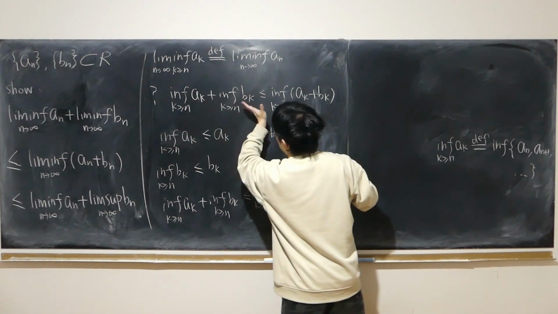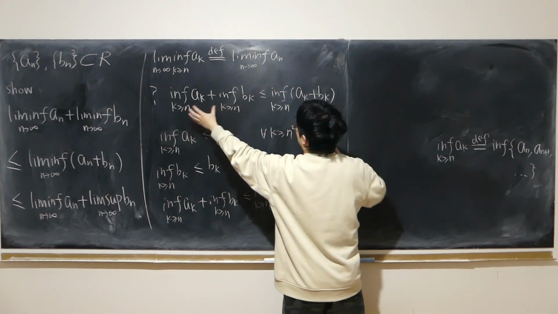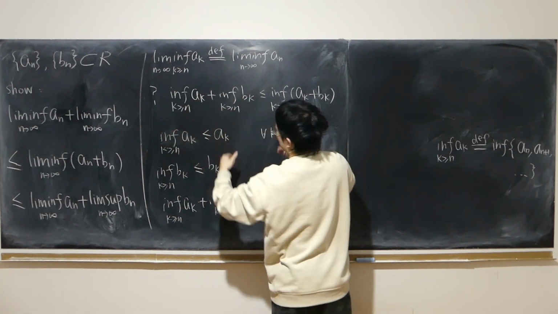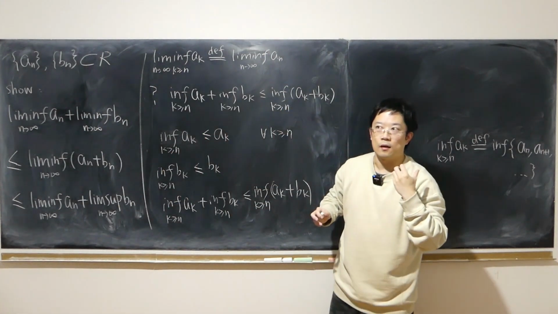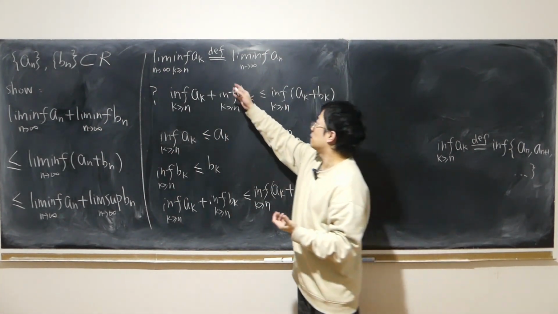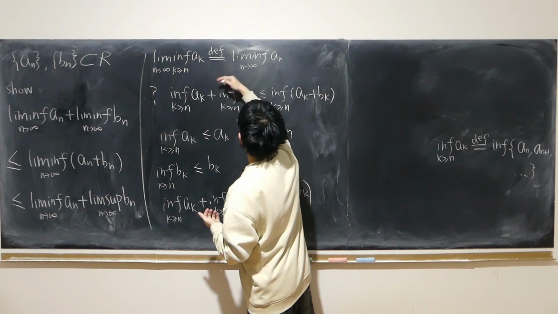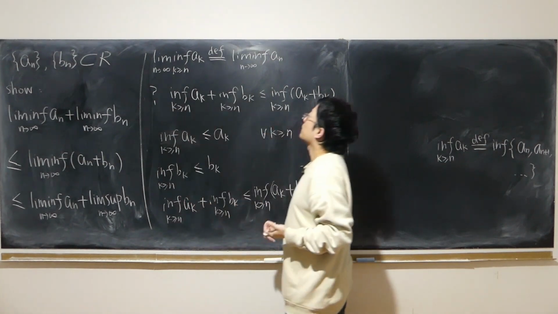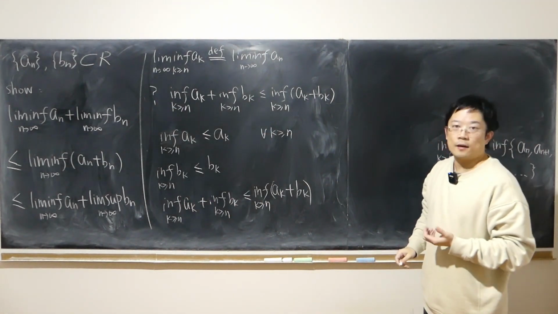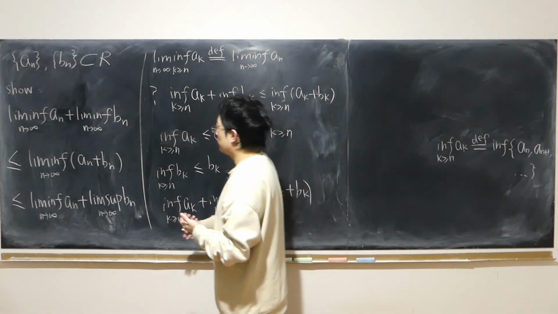As long as I've proven this inequality, then I take the limit on both sides, right? Then this is true, according to the alternative equivalent definition of liminf. By definition, use this bit. Like I said, the right-hand side is much harder.